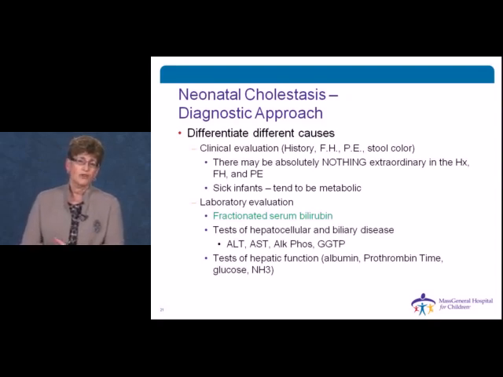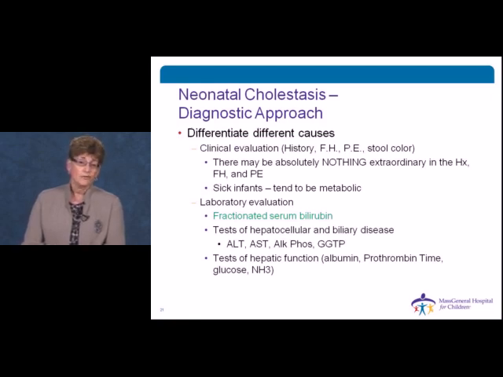As we mentioned before, the fractionated serum bilirubin is key. If that's elevated, then it's cholestatic, and we need to pursue the rest of the workup. So tests of hepatocellular and biliary disease: look at the ALT and the AST, of course, the transaminases, and then we look for biliary disease, evidence of biliary inflammation, alkaline phosphatase, and then the GGTP, the gamma-glutamyl transpeptidase.